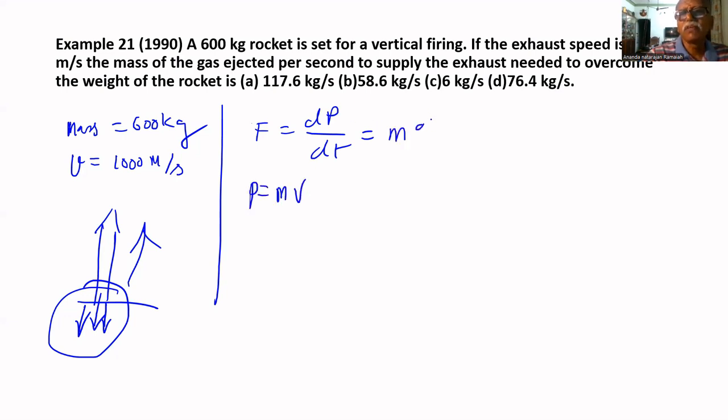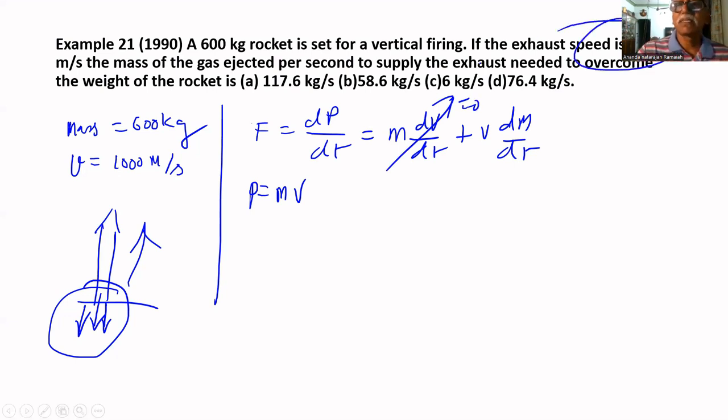Therefore, m into dv by dt plus v into dm by dt. In this case, this is equal to 0. The exhaust speed is 1000 meter per second, given. That's why v into dm by dt. Therefore, velocity V is given, and mass of the gas per second to supply the exhaust is needed.